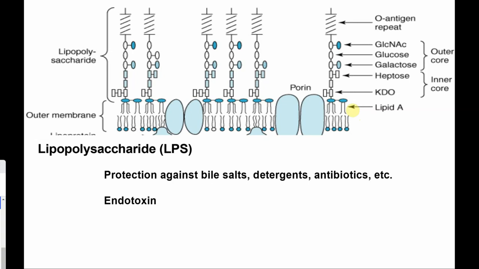Okay, so this is why LPS is called endotoxin, because if your blood comes into contact with LPS, then you'll start to get fever, diarrhea, septic shock. Okay, if you've got LPS that penetrates the epithelial cell barrier in your gut, you'll get inflammation, diarrhea. If you get any that's in your blood system, you'll get fever, you'll maybe get septic shock. And it's the LPS which is causing this.